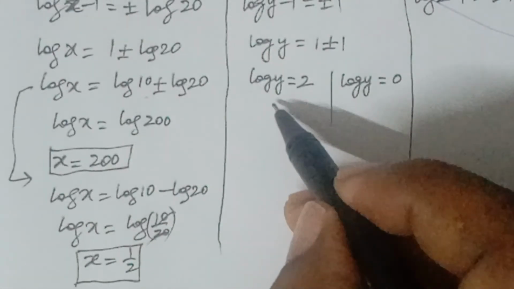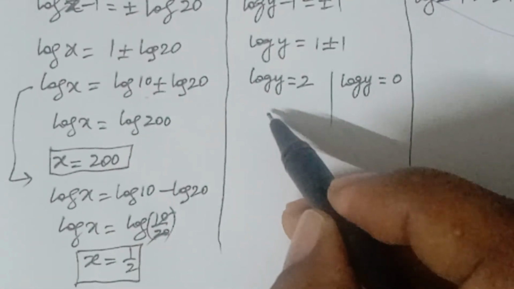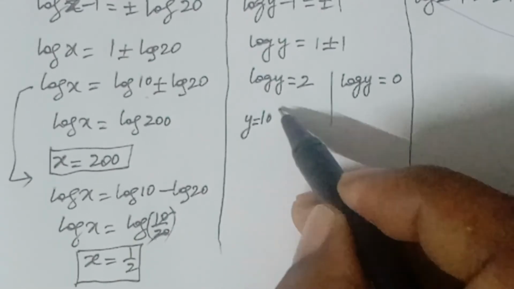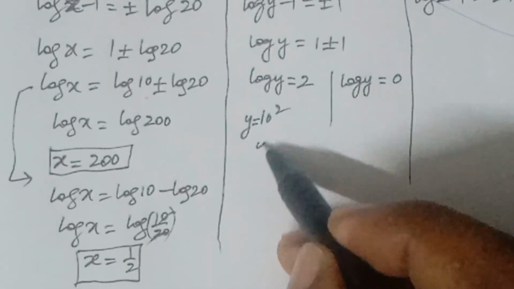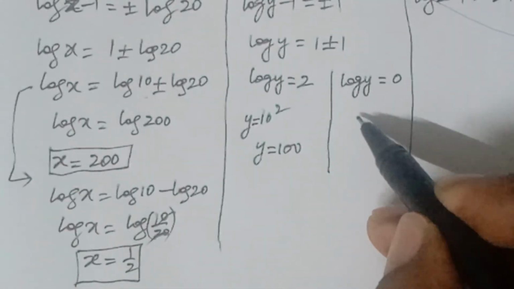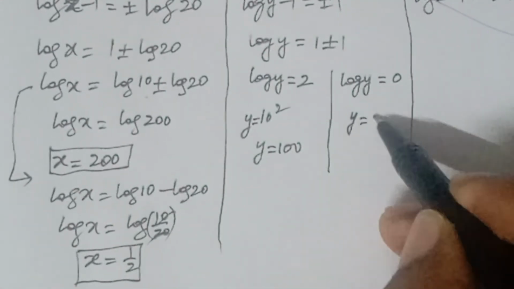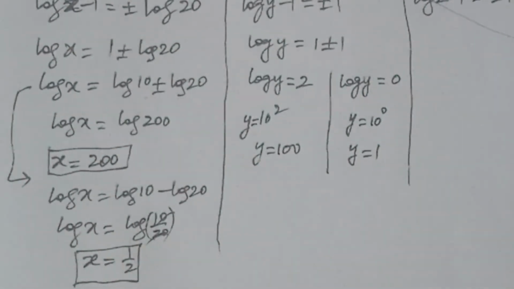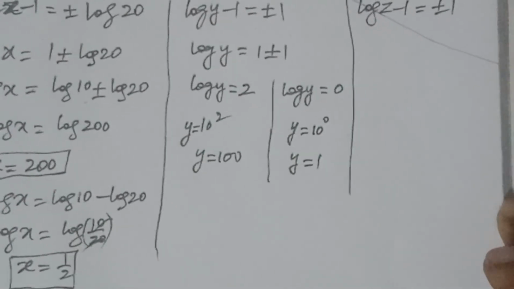So here if you take log y is equal to 2 base 10, so y is equal to 10 square, y is equal to 100 we will get. So in the same way here y is equal to 10 power 0, y is equal to 1. This is the second case of getting the values.